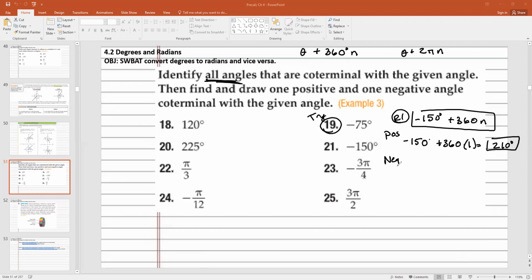And a negative coterminal angle is negative 150 plus 360, and I'm going to use negative 1. So negative 360 plus negative 150 is going to give me negative 510 degrees. So one is positive, one is negative. That's what they want.